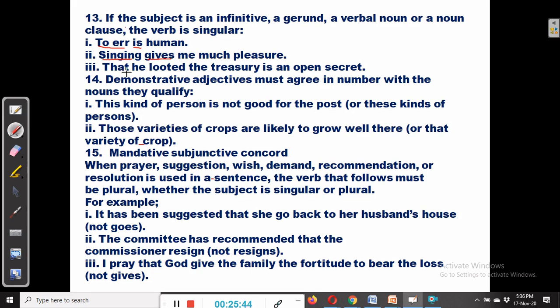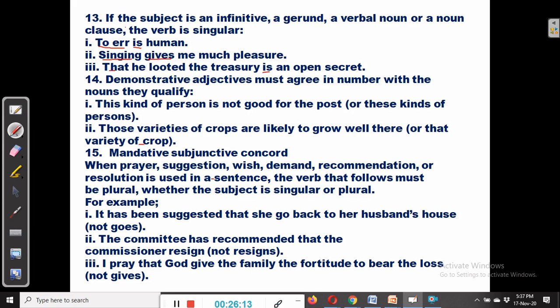The third one: that he looted the treasury is an open secret. This also is a noun clause. And how do you know a noun clause? It can function as a subject, and it can be replaced with a noun or even a pronoun.